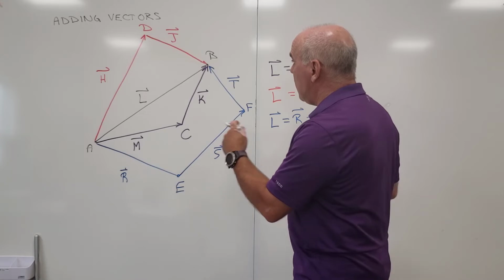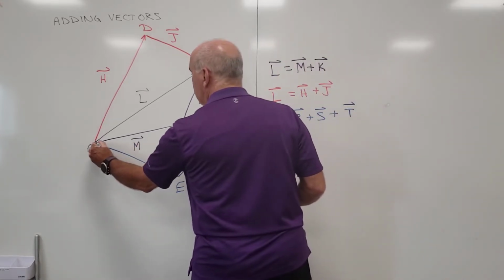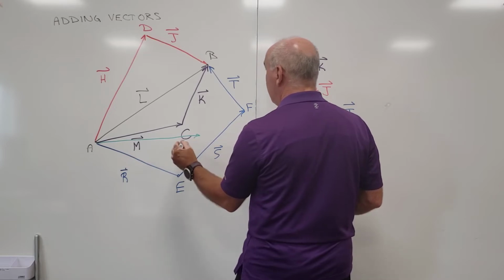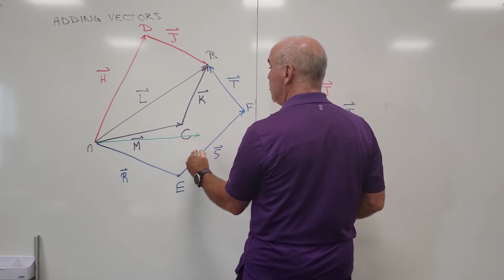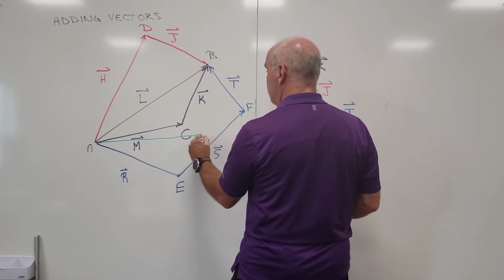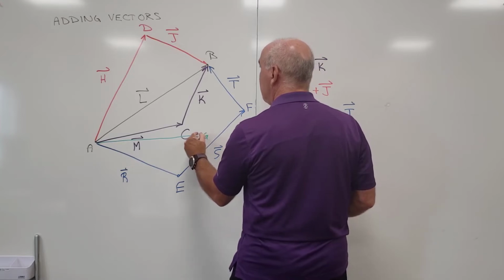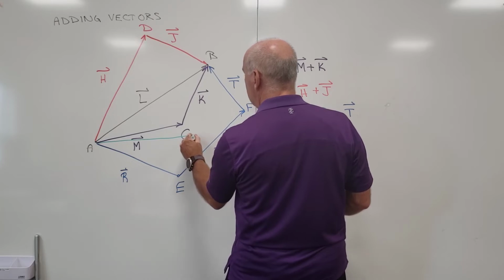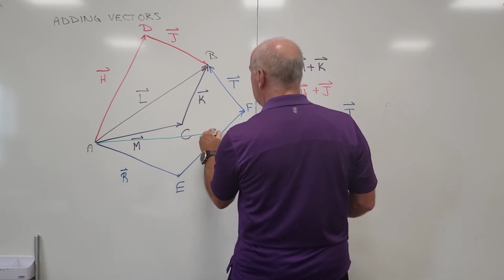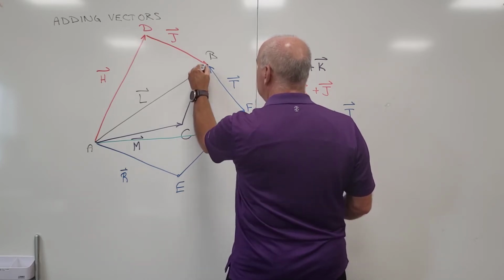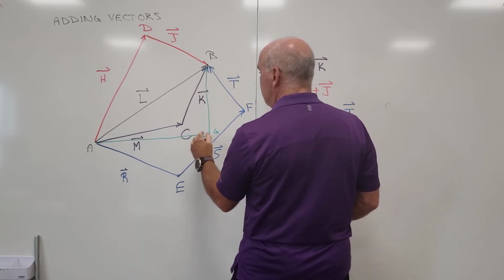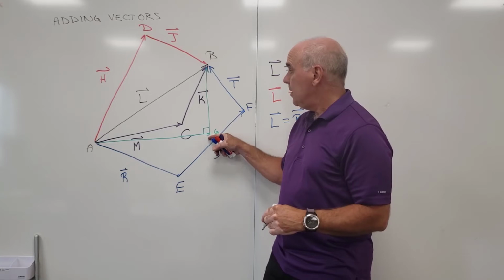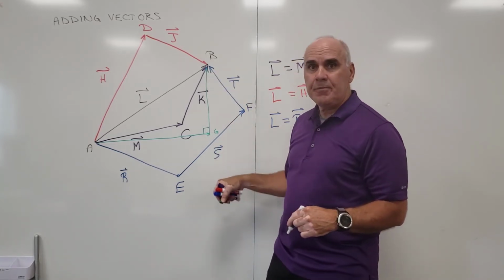And so getting to L, I might want to follow this path to here. And I'll call that G. And I'm not sure I'm far enough over. And then this vector. Okay, and these are at 90 degrees. This is nice and horizontal. This is nice and vertical.